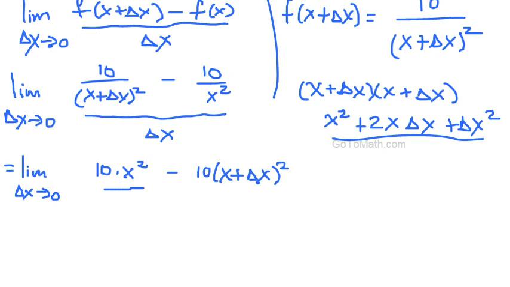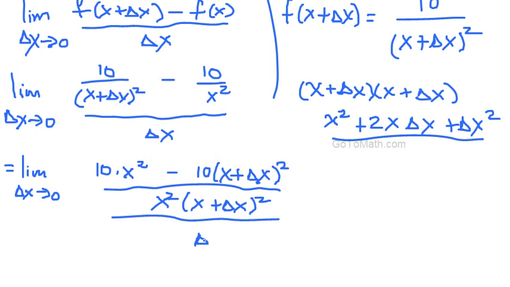And then of course you're going to multiply those two together. Okay, I'm going to take it you know how to do fractions at this point in your math career. And then of course it's all over delta x. Now we'll need to go ahead and clean this thing up. Now remember, we're going to be utilizing this right here for down here in the denominator.